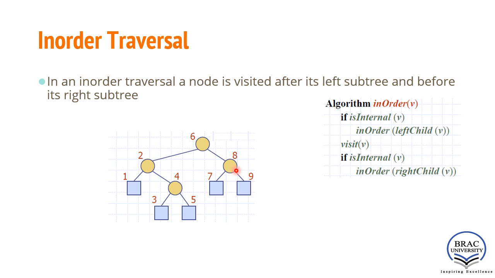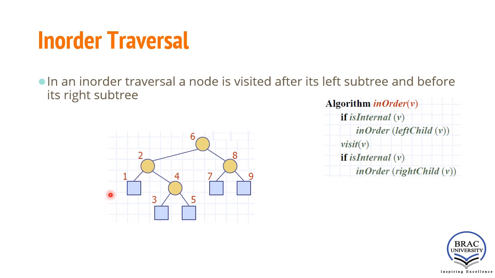So for in-order traversal, we will start with the root node, but we don't first visit or print the root node. Rather, we go to the next node, the left node.